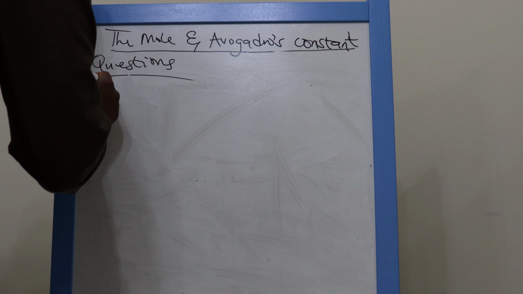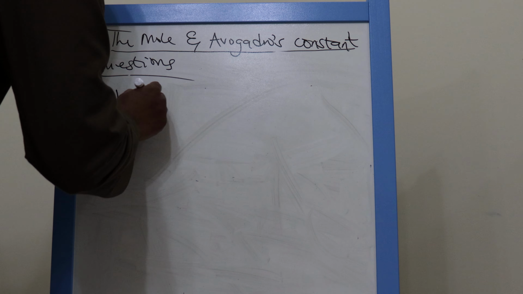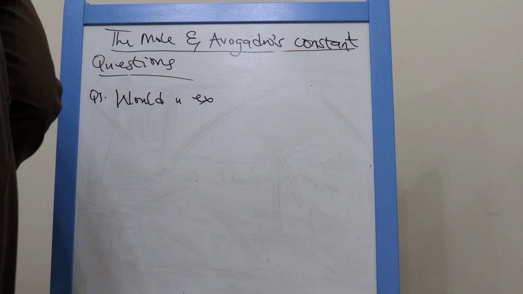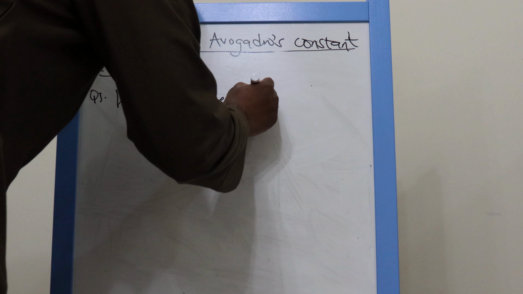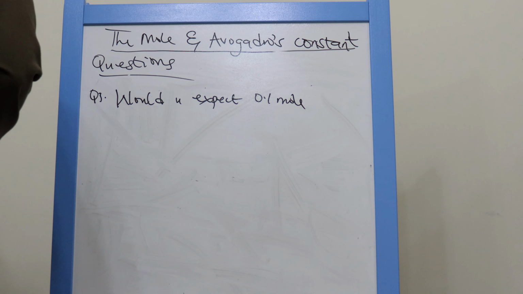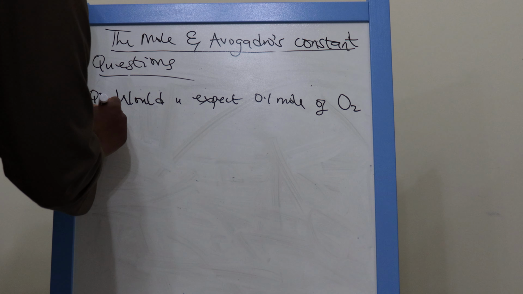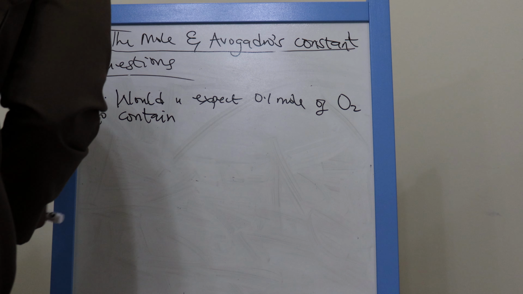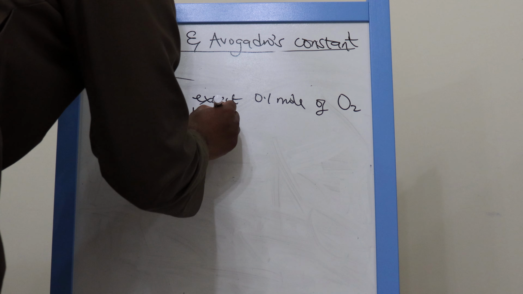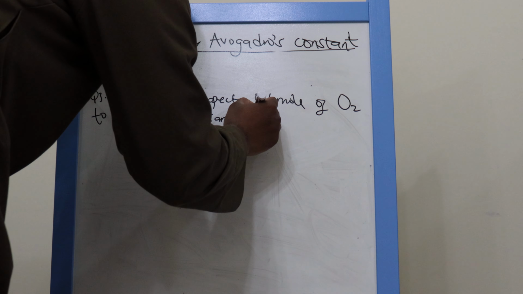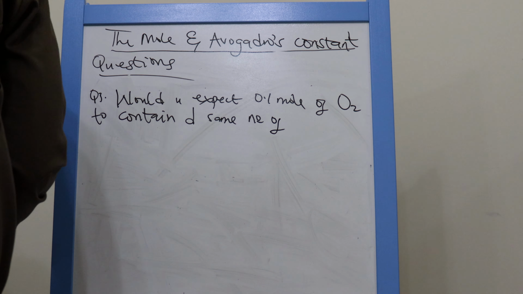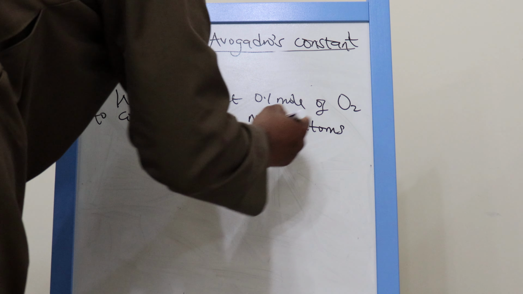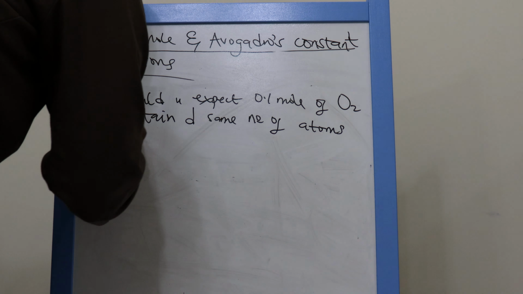Question 3: Would you expect 0.1 mole of O2, that's oxygen gas, to contain the same number of atoms as 0.1 mole of sodium?